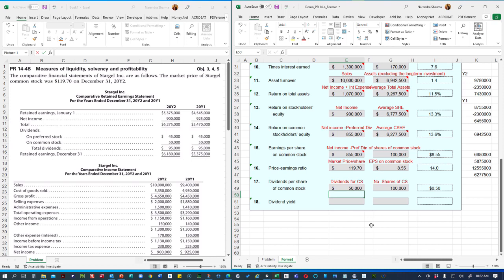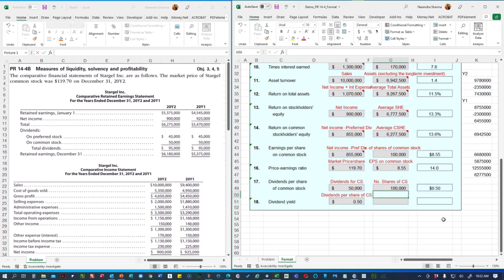Now the next one is the dividend yield, which is a straightforward calculation. In this, what you are going to do is look at dividend per share of common stock. We have just calculated that. That is dividend per share of common stock was 50 cents.